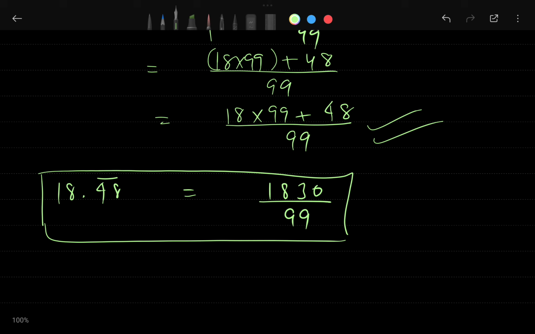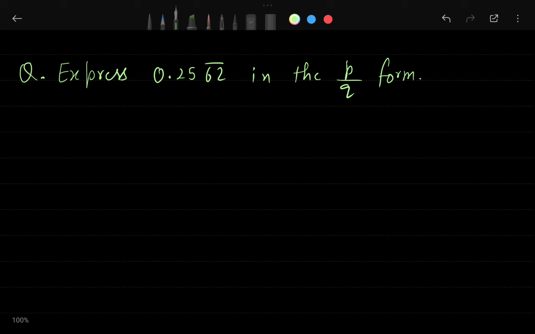Okay, now let's move to the case when we have a mixed repeating decimal number. Let's see how we can convert a mixed repeating decimal number into p by q form. So this is our next question, and here we have to express 0.2562 bar in the p by q form.